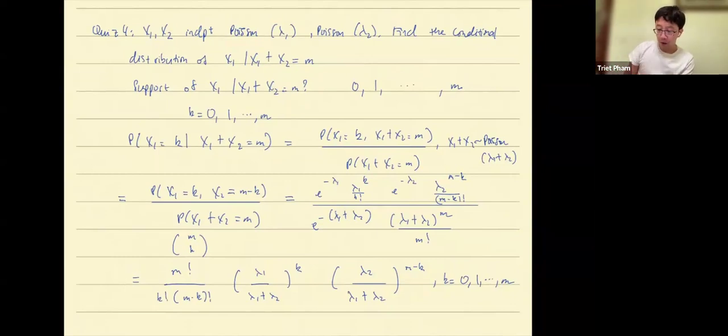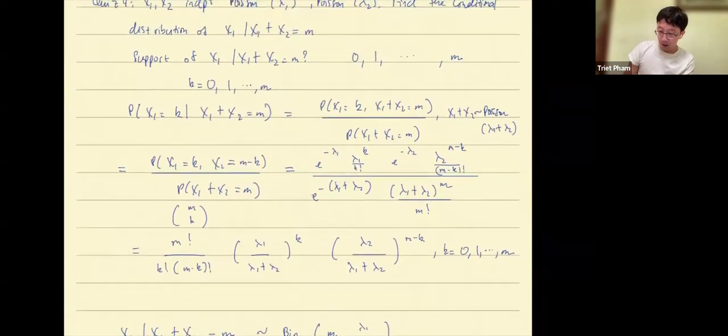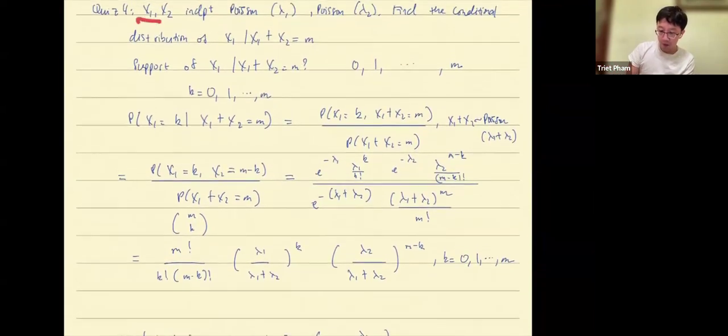The event can be as mundane as a customer arriving at a store. If you keep with that theme, then you can think of x1, x2 as tracking the number of arrivals of, let's say, two types of customers to a store, male or female, if you will. They're independent; clearly the male customers have no influence over the female customers in terms of arriving at a store. And so if that's the case, then what is x1 conditioned on x1 plus x2?